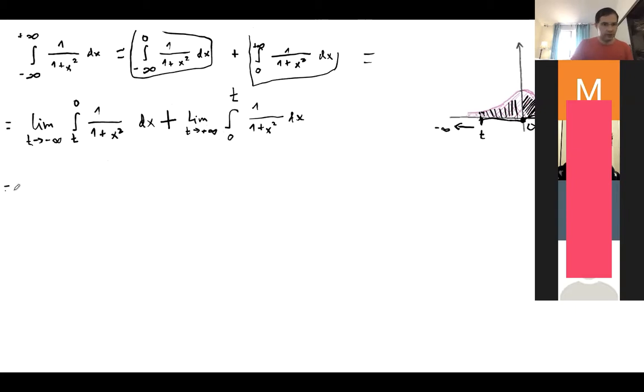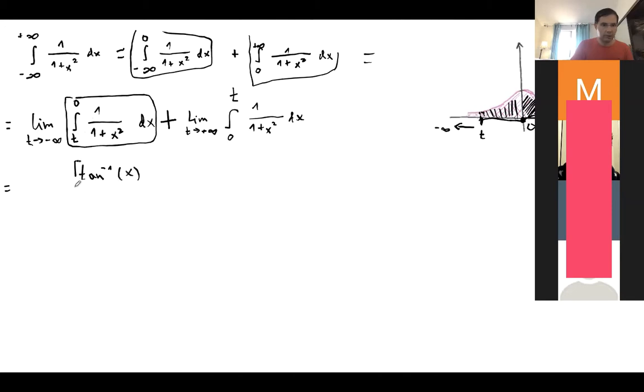Let's continue. Now I will be evaluating this definite integral using the fundamental theorem of calculus. When I do so, I'll compute the limit of this, and notice that this is going to be a function of t. So let's see. I want to find one antiderivative of this function, 1 divided by 1 plus x squared. That's the function inverse tangent of x.